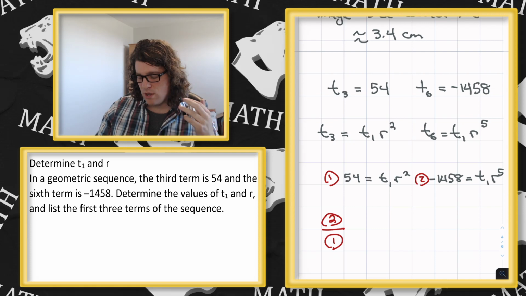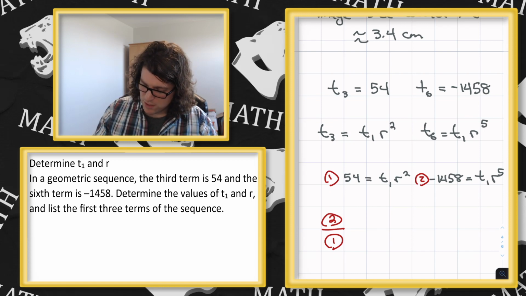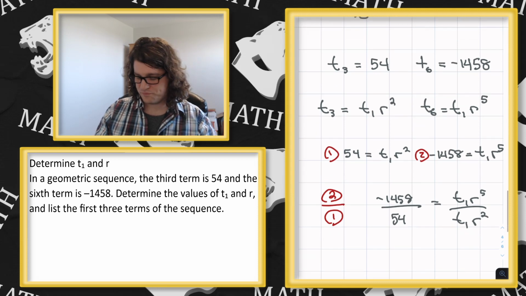So if I have a coefficient of T1 and I divide it by something that has a coefficient of T1, then those coefficients will cancel each other out. So on the left-hand side of the equation, we would get negative 1458 divided by 54. And on the right-hand side, we would get T1 r to the 5th divided by T1 r squared.